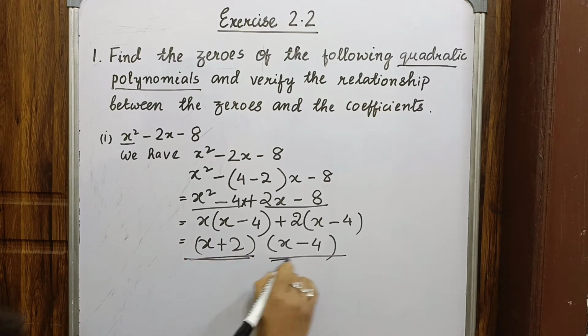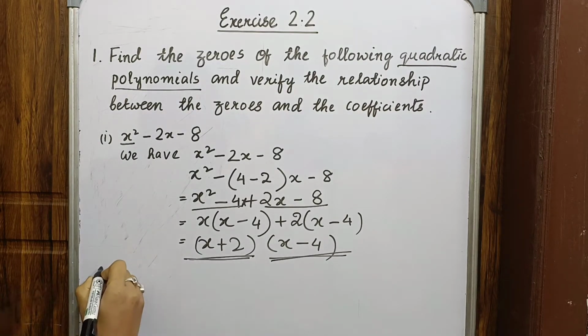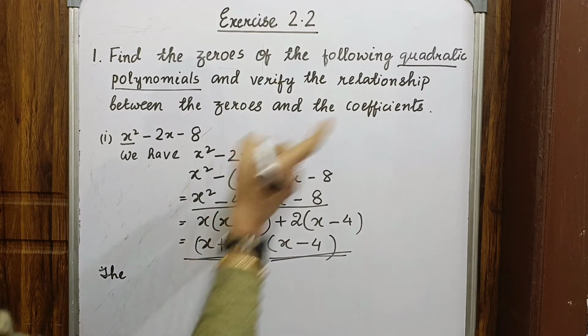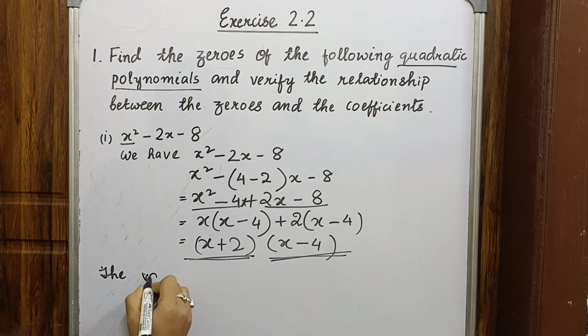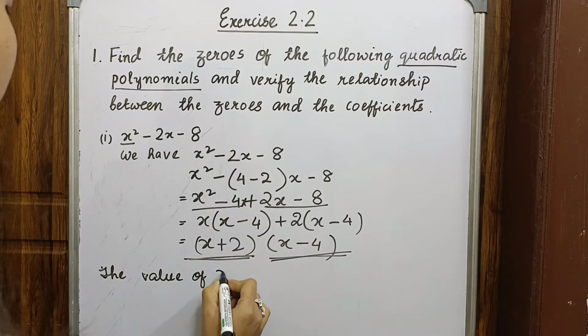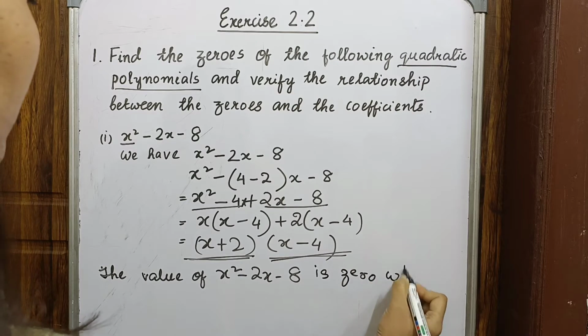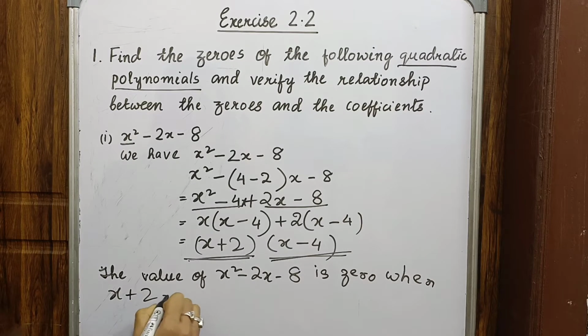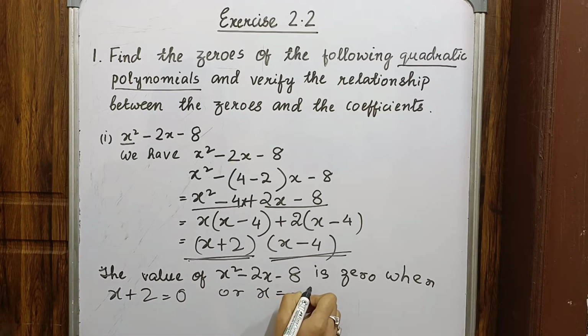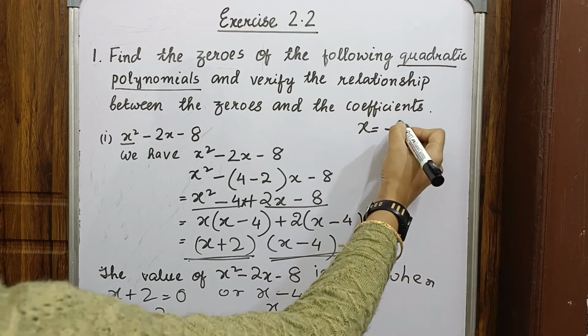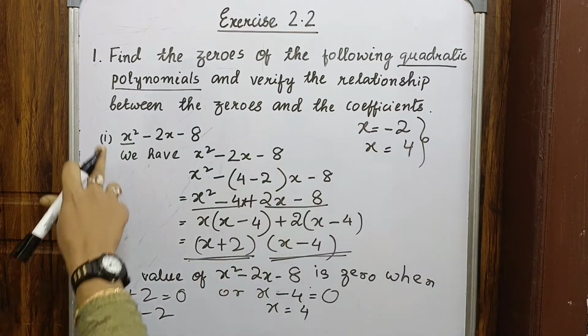So the value of this polynomial x square minus 2x minus 8 is 0 when x plus 2 equals 0 or x minus 4 equals 0, that is, x equals minus 2 or x equals 4. So these are the zeros of this quadratic polynomial.